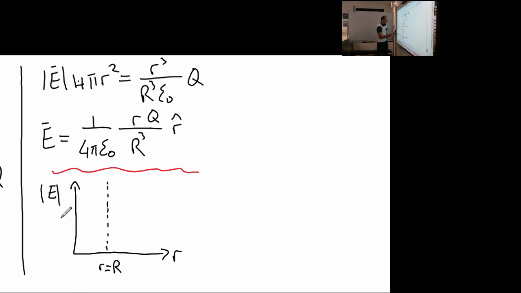And what we're going to find is that inside the sphere, the magnitude of the electric field is going to increase linearly with r until it hits r equal to big R, and then it's just going to decrease as 1 over r squared.